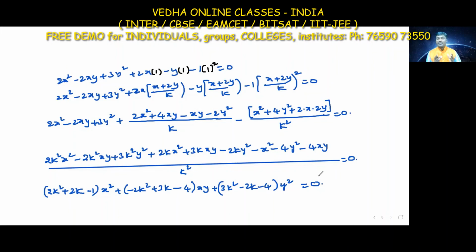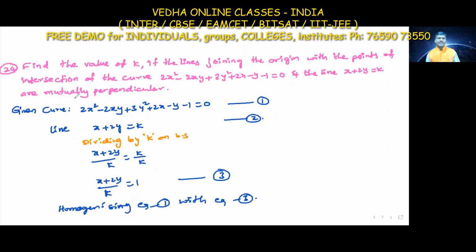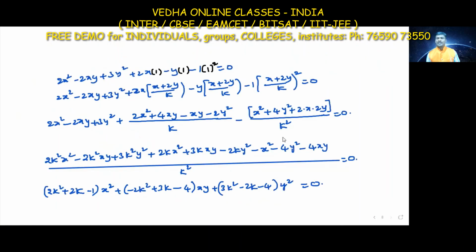Now it is in the form of ax square plus 2hxy plus by square equals 0. If we compare, what is given in the question? Given that they are mutually perpendicular. If they are mutually perpendicular, coefficient of x square plus coefficient of y square is equal to 0.